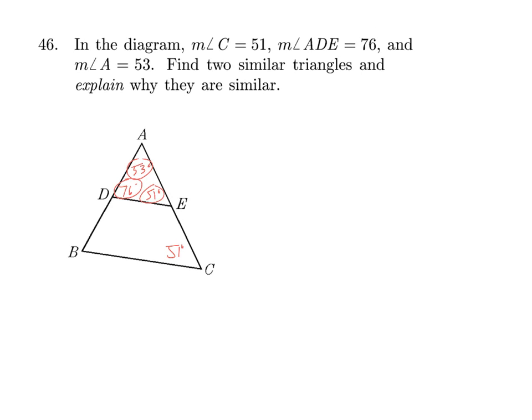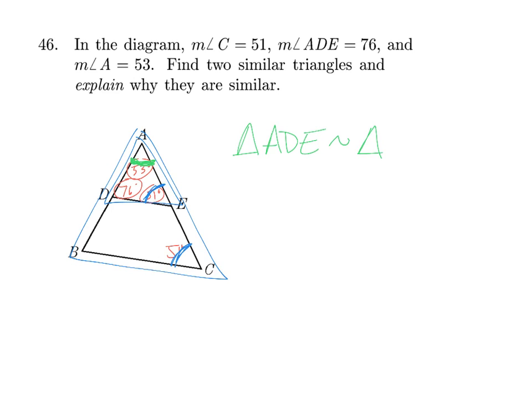Now I have this triangle here and this triangle here. They share this angle in common, and they also share this one angle in common. So they have two pairs of congruent angles. So triangle ADE is similar to triangle ABC by the shortcut AA. That's all there is to it.